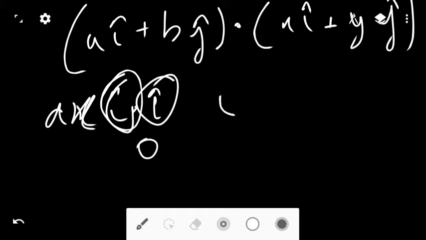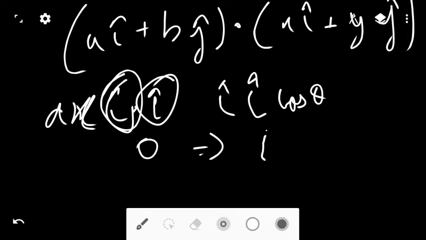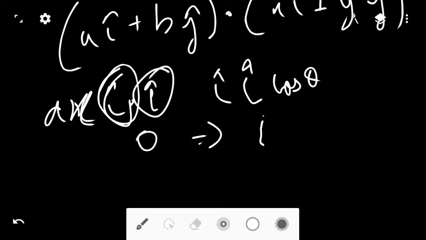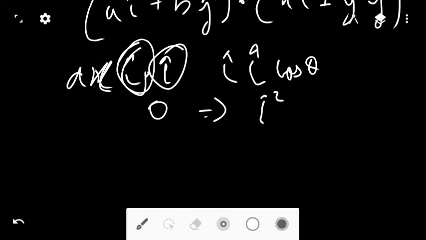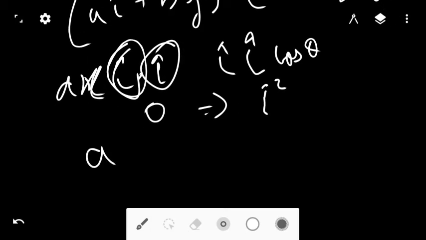So if we dot multiply, it will be i cap into i cap cos 0, which will come out as i cap squared, because cos 0 is just 1. So the value of this will be a x i squared, but i cap is a unit vector, it has a magnitude of 1.